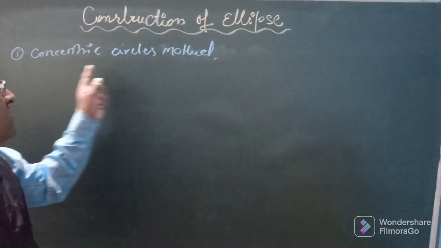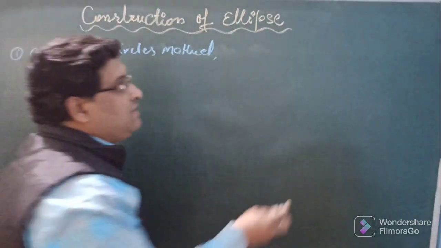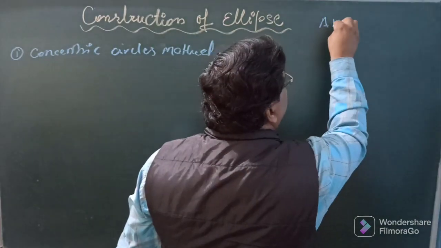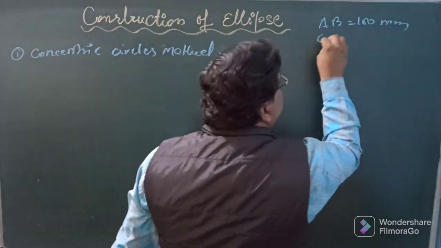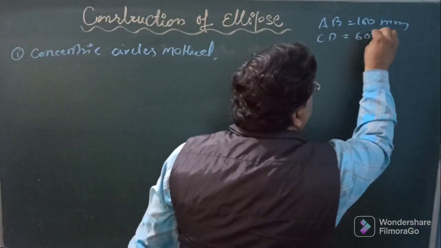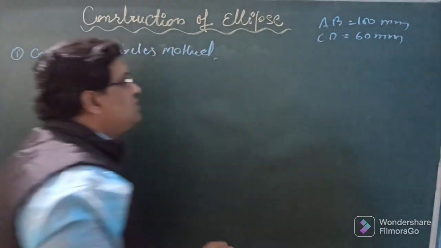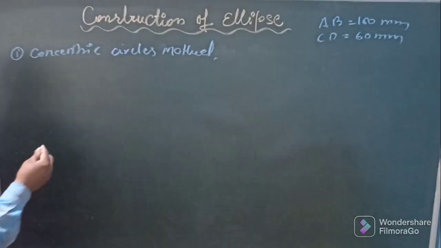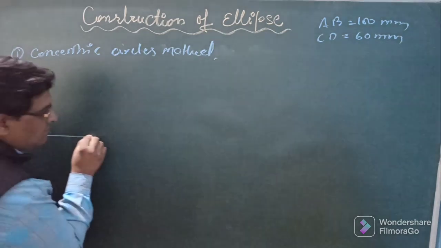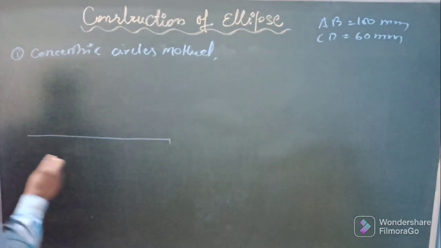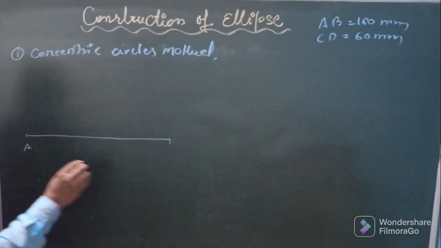First method is the concentric circles method. We have AB equal to 100 mm and CD equal to 60 mm. So first of all, draw AB and CD. Say this is AB.